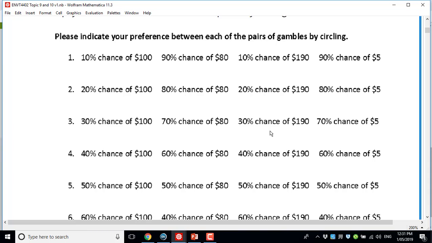That's my expected utility from option A on lottery 1. For option B in lottery 1, I have 0.1 times 190 to the power 1 minus r plus 0.9 times 5 to the power 1 minus r.